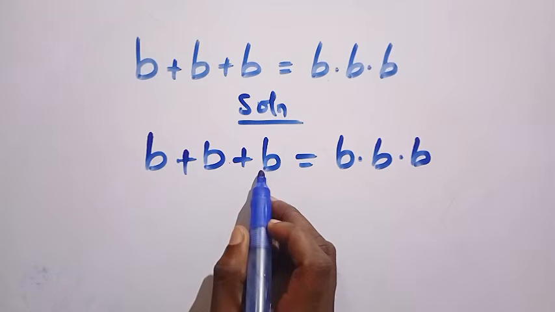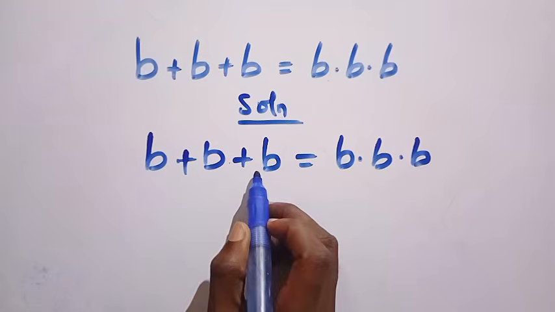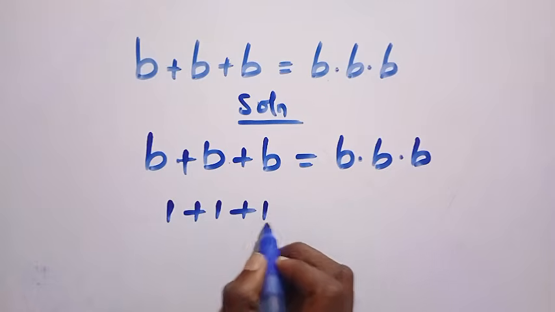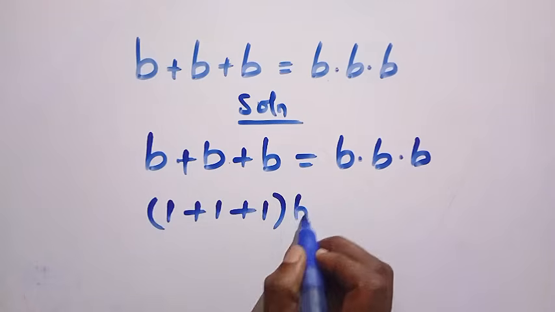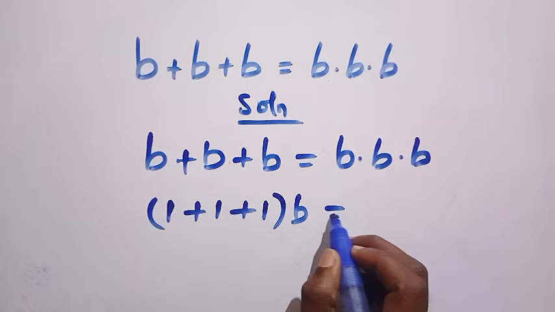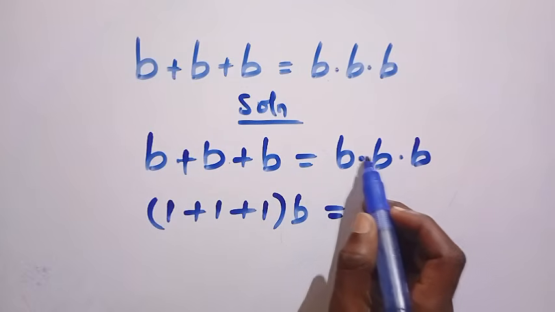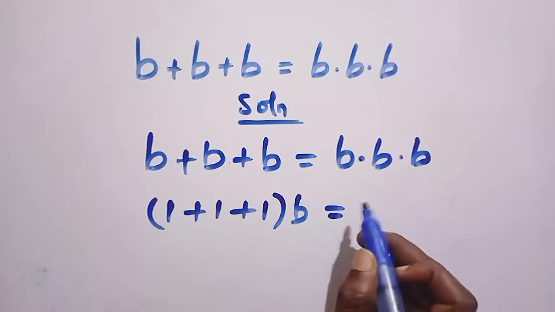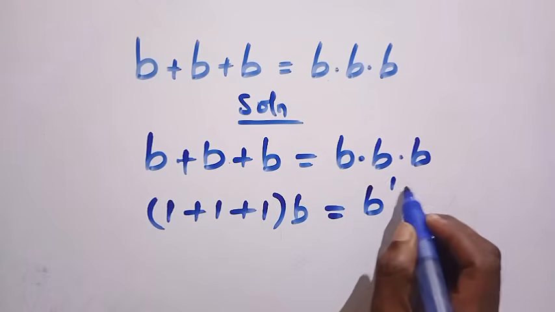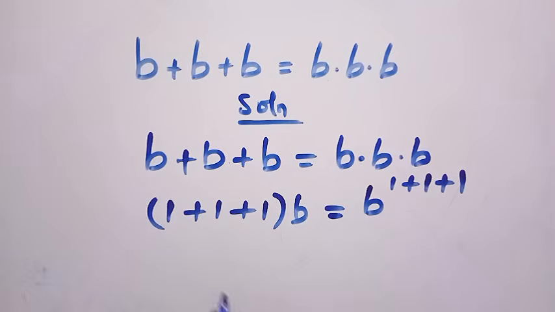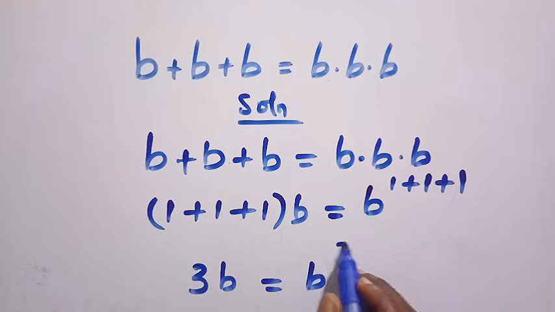By adding all this together, having a coefficient of 1, we get 1 plus 1 plus 1, then multiplied by b, equals, since the dot represents multiplication, b raised to power 1 plus 1 plus 1. And from here we have 3 multiplied by b equals b raised to power of 3.